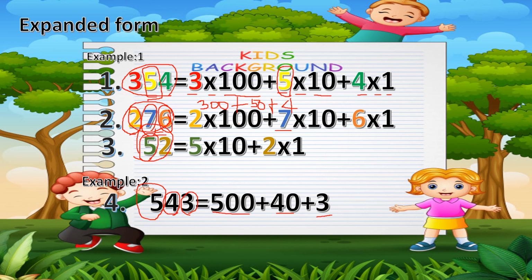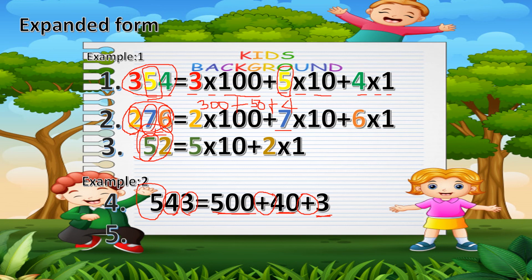So we're going to expand like this: 500 plus 40 plus 3. To do the expanded form, you need to remember, don't forget the plus sign, okay? In every breakup, you need to put a plus sign so you can make expanded form, okay?